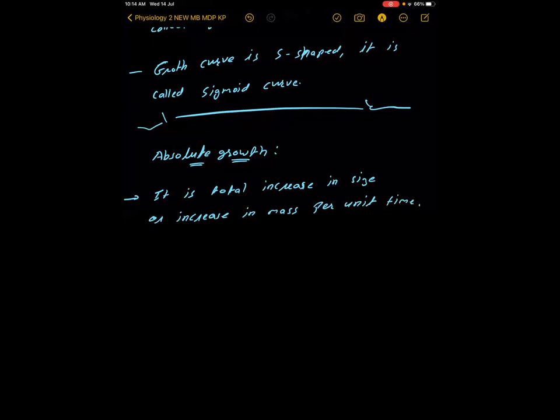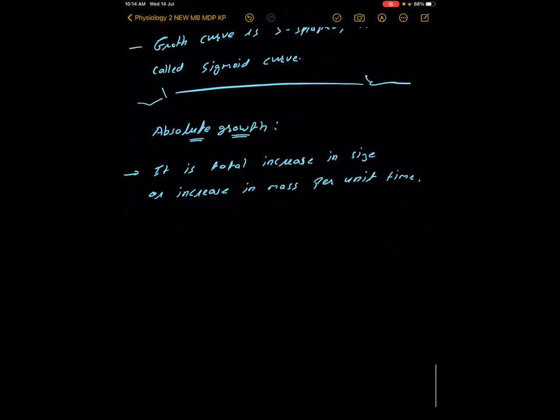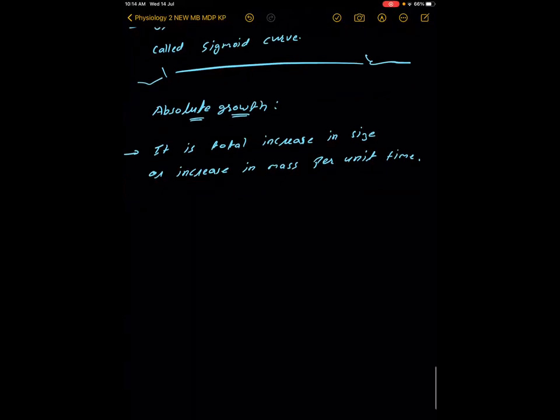It is called absolute growth. So in a given time, total growth in the plant is absolute growth.